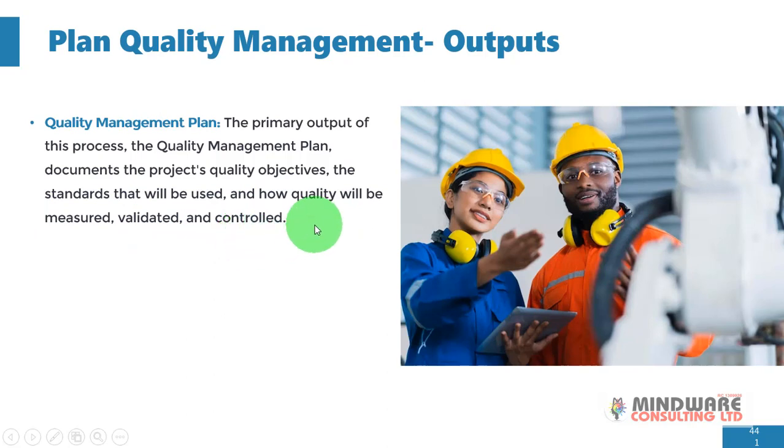So the quality management plan gives you a definition of the standards of quality, the processes, and how you're going to have all that measured and controlled throughout the course of your project.